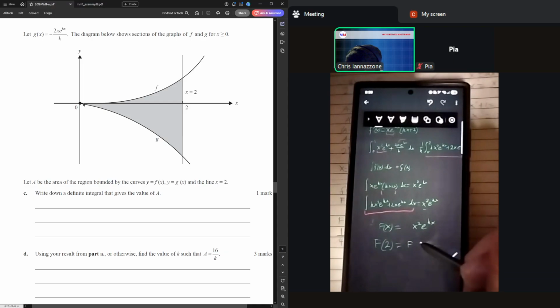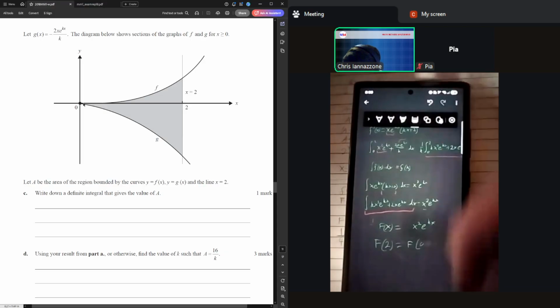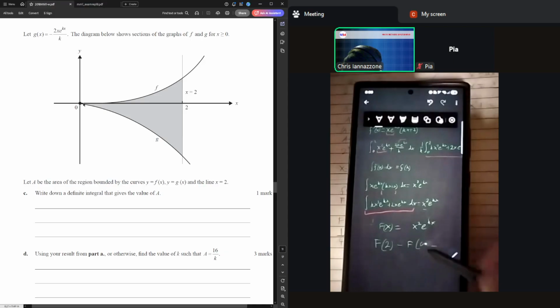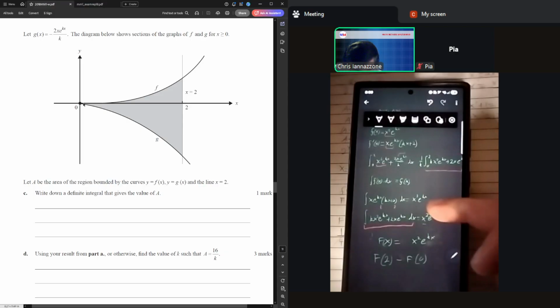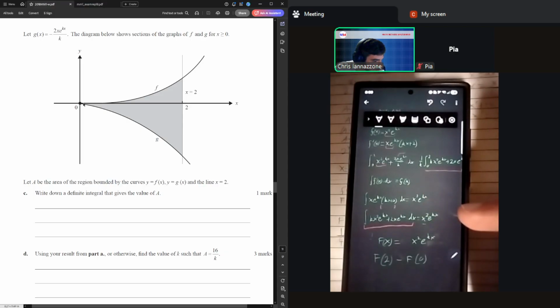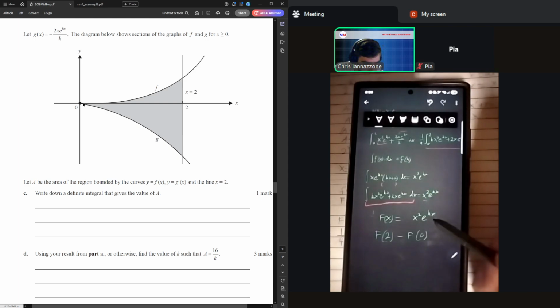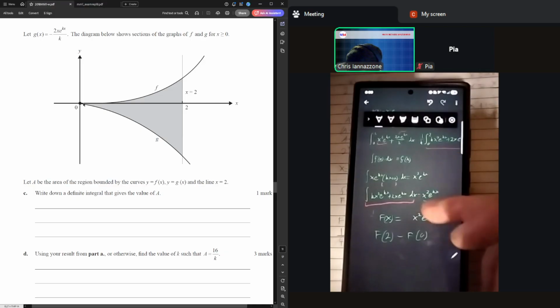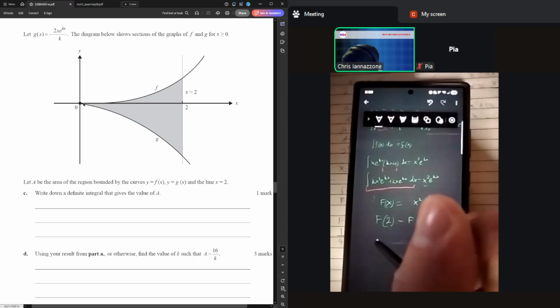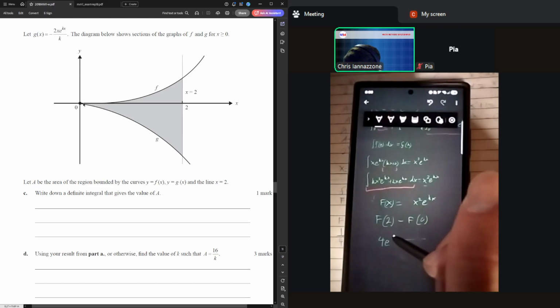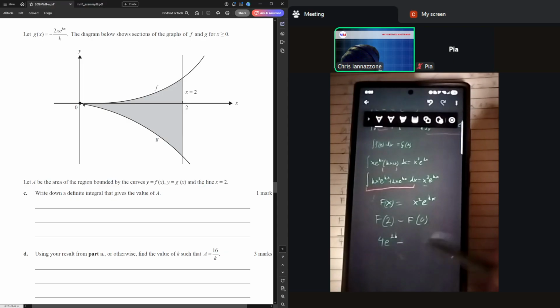Capital F of 2 minus capital F of 0, equals... That's all we wanted, right? It's just find the value of k such that capital A is 16 on k. This is, or at least part of that. So we're going to have 2 squared, so 4 e to the k times 2, and then, well, just 0.